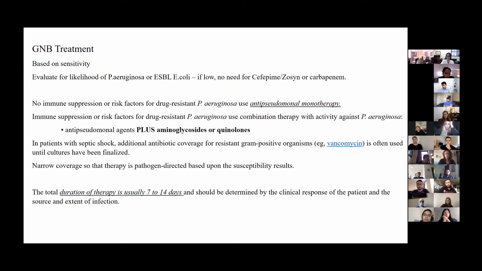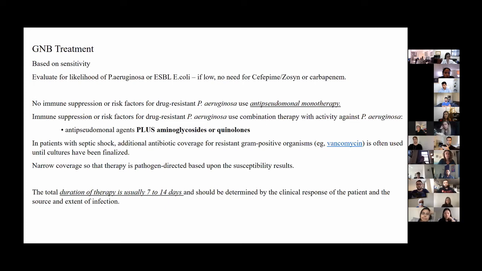We know that for Pseudomonas you need to up to a cefepime or Zosyn. And for ESBL, we go to a carbapenem. I'll just mention, we're very fortunate that our antimicrobial stewardship is good. We have a pretty clean ICU and a population that really doesn't have Pseudomonas, and not really drug-resistant Pseudomonas when we do have it.